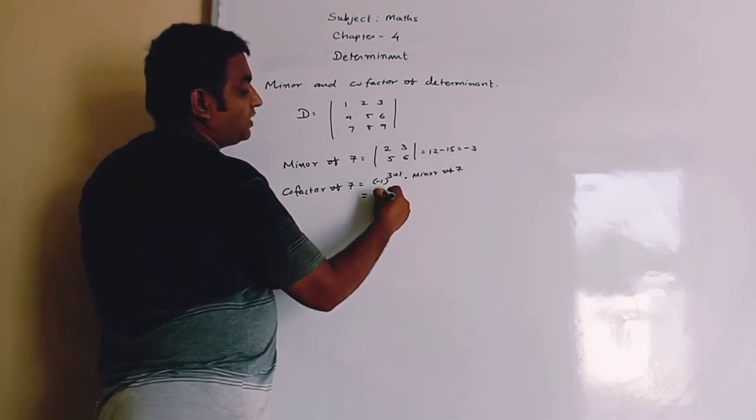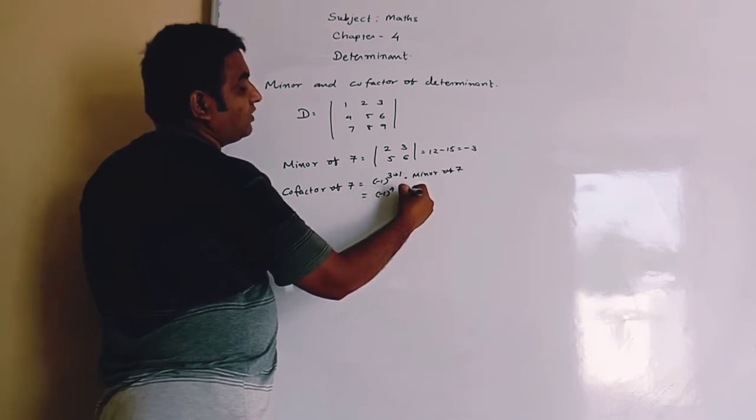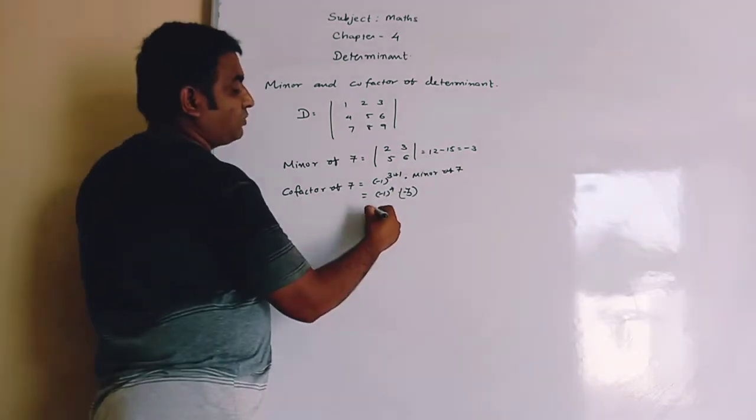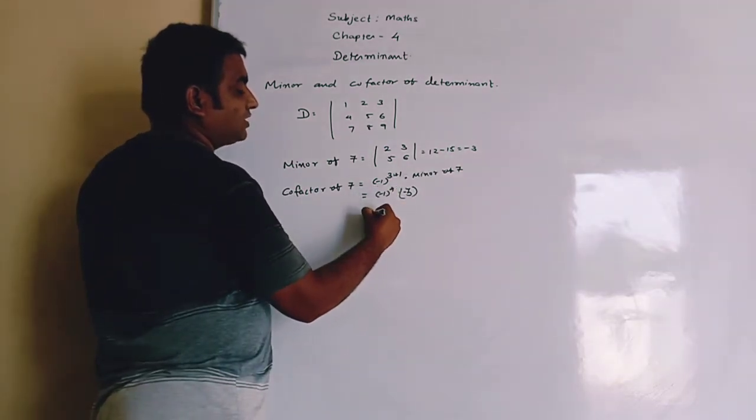The minor we have already calculated, so minus 1 raised to 4 into minus 3 will be minus 3.